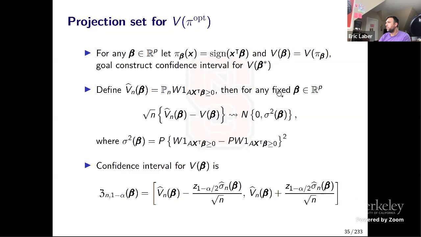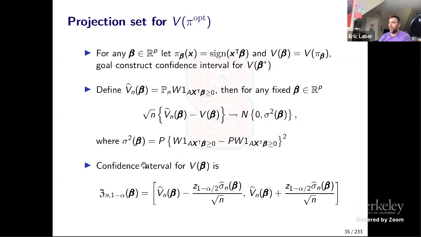And then for any fixed beta, you can show that root n times V hat of beta minus V of beta is asymptotically normal with mean 0 and some smooth variance function sigma squared of beta. This is if you hold beta fixed. So that's really important. So if beta were fixed, then this would be no problem. In other words, if I gave you beta star in a sample of data, you could estimate the value of the policy indexed by beta star, and you can get a confidence interval. And sigma squared of beta is given here. This is a familiar expectation of a term minus its mean.